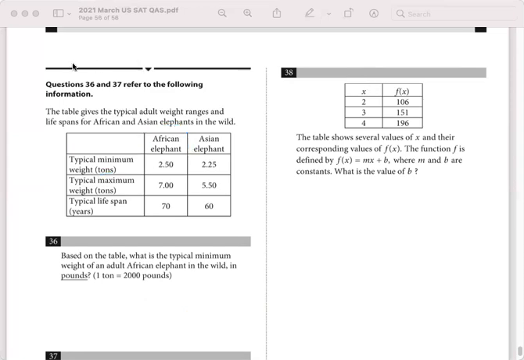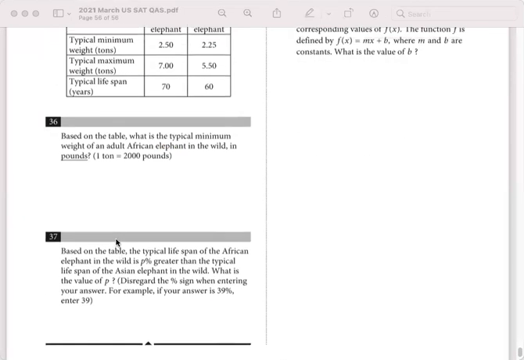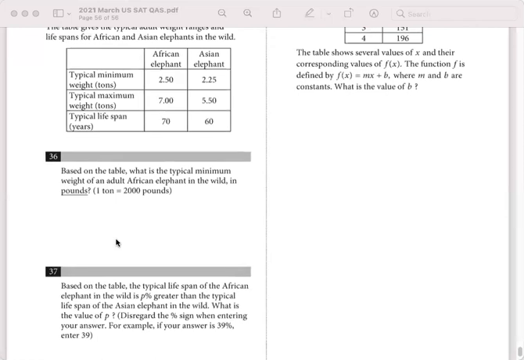Okay, let's do 37. Based on the table, the typical lifespan of the African elephant in the wild is P% greater than the typical lifespan of the Asian elephant in the wild. What is the value of P? Disregard the percentage sign. So basically P% greater than that of the Asian elephant.